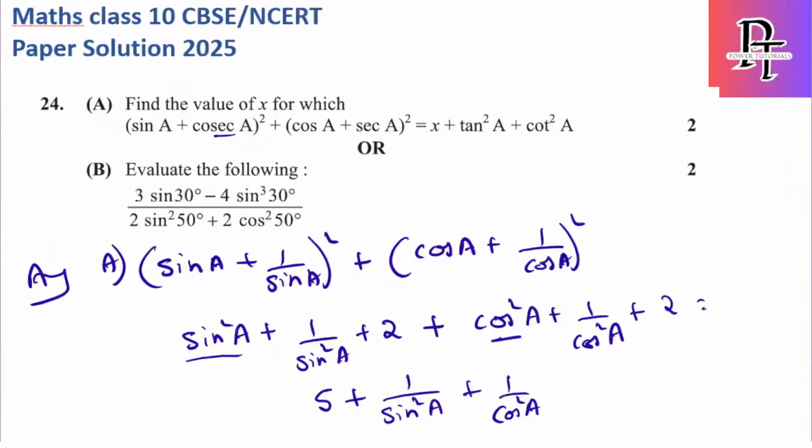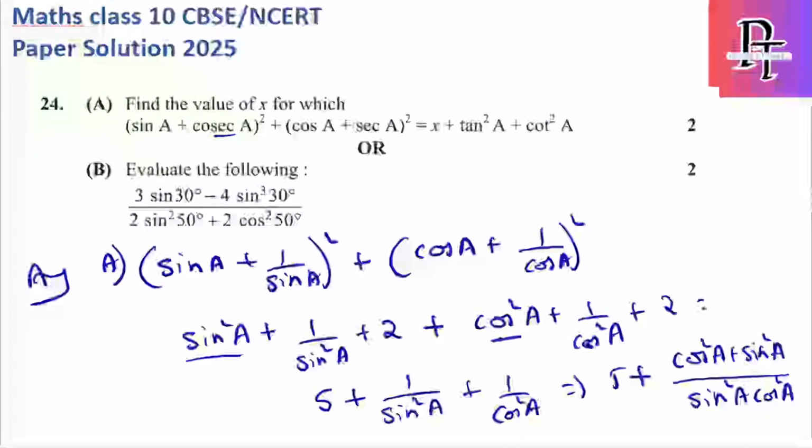Okay, so if I take LCM here, 5 plus cos square A plus sine square A by sine square A cos square A. Okay, now we can do one more thing.